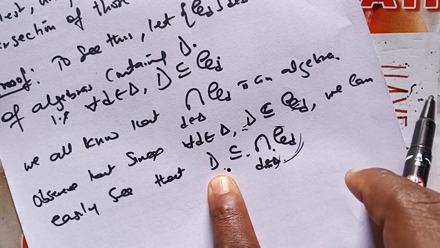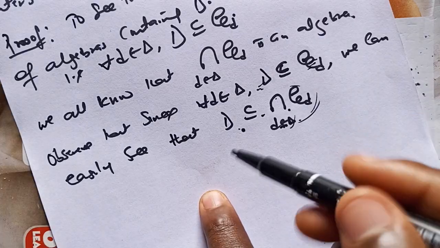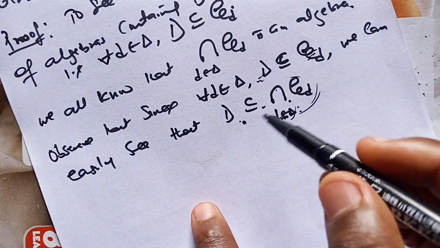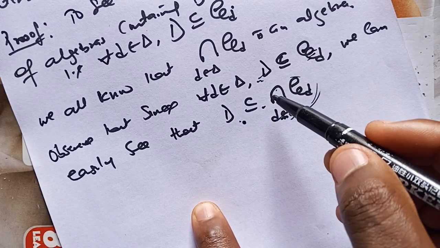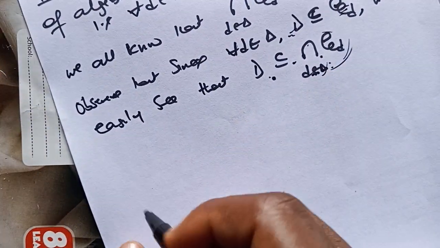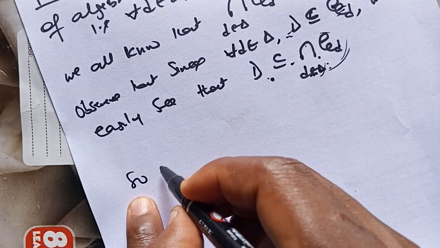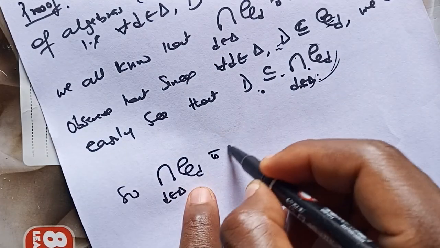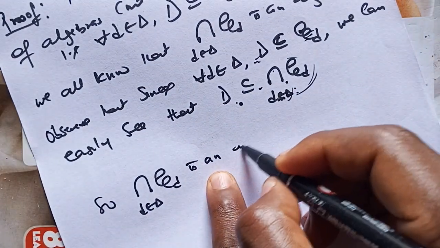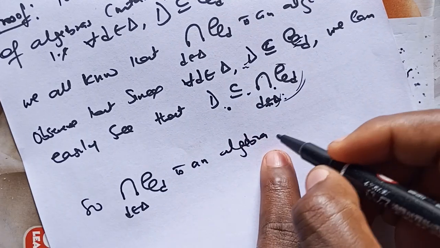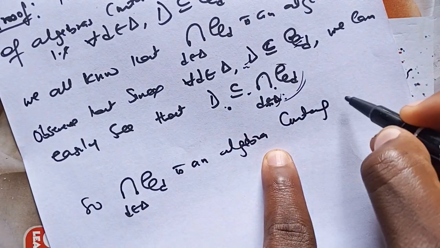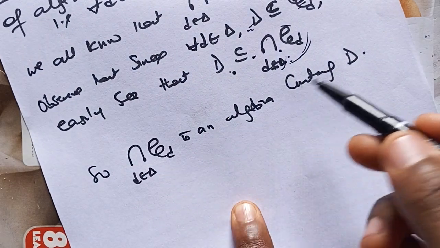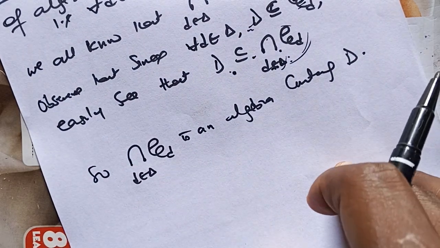Since D is a subset of this, we can now conclude that this is an algebra containing D. So the arbitrary intersection of these algebras is an algebra containing D.